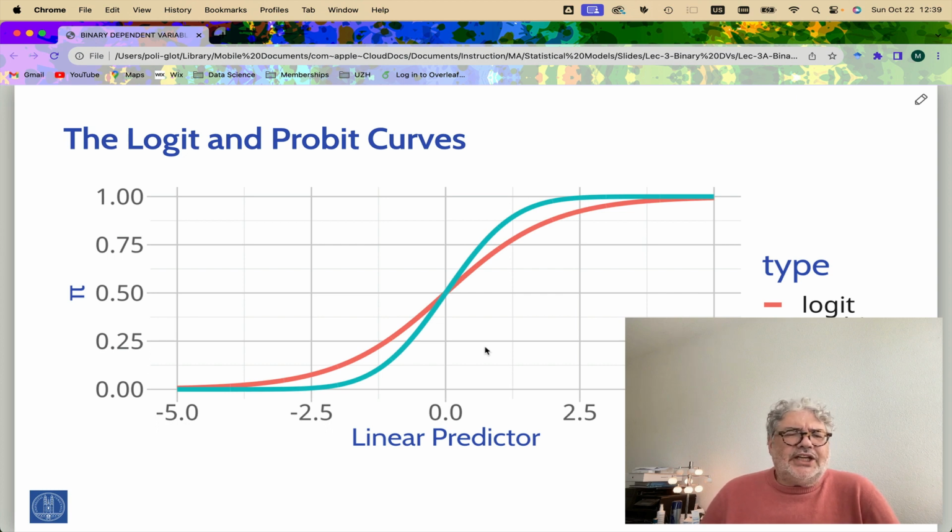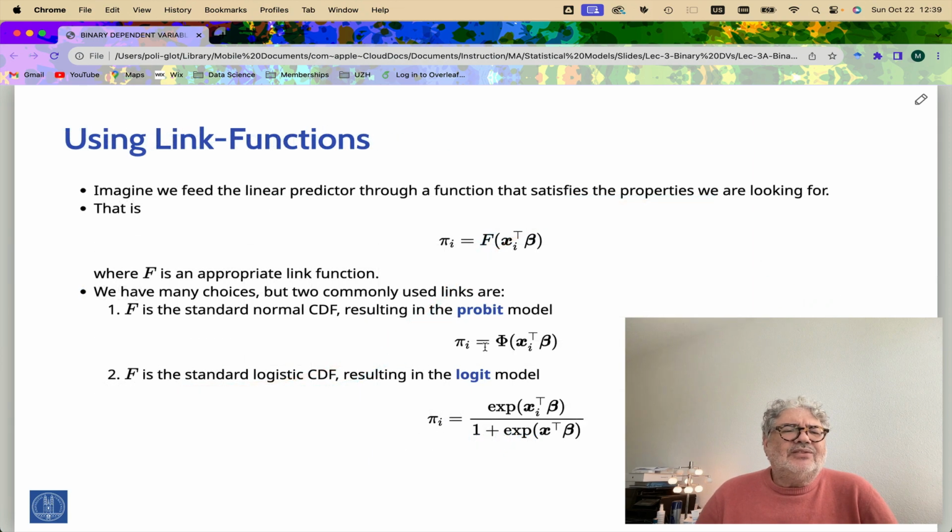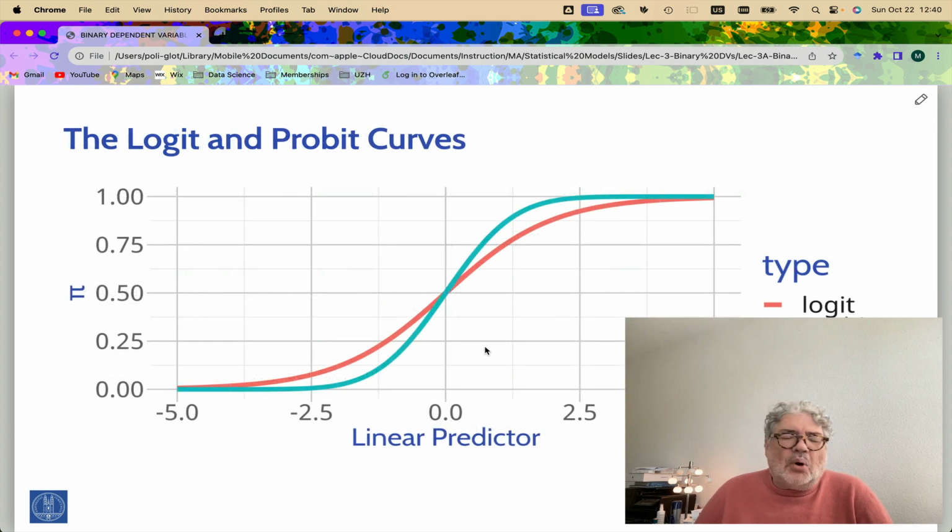What you don't see here, but that is also working in the background, is that we're using standard normal CDFs or standard logistic CDFs. The standard in there actually means that we're imposing homoscedasticity.